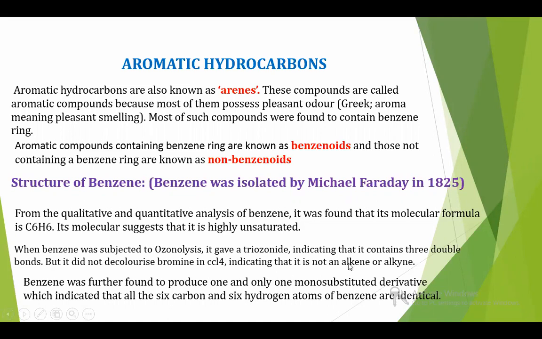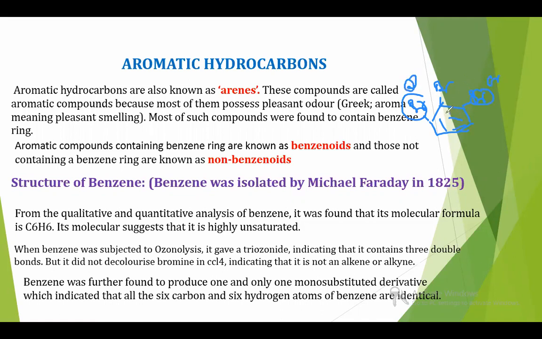If benzene is treated with bromine to give the monosubstituted halogen derivative, the bromine can substitute at this position, at the alternate position, here also, and at this ortho position also.